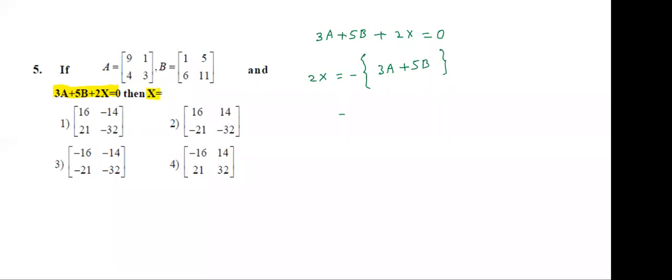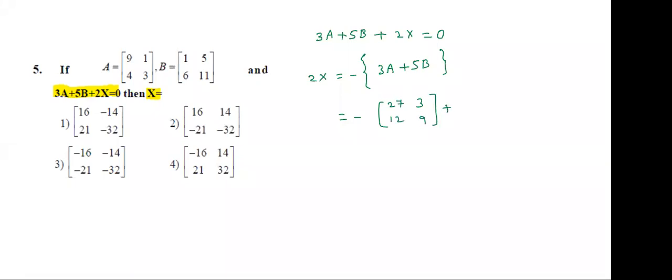Now minus 3A. The A matrix 9 1 4 3 multiplied with 3. Then 3 9s are 27, 3 1s are 3, 3 4s are 12, 3 3s are 9.